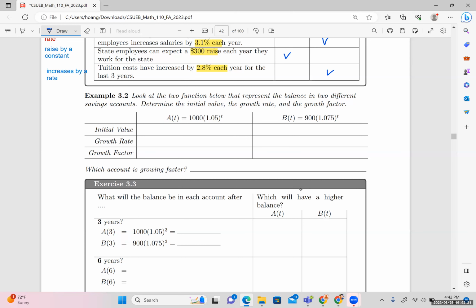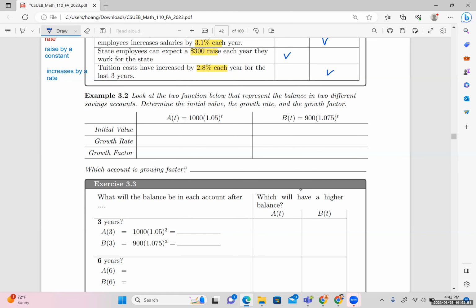Okay, so we look at the two functions below that represent the balance in two different saving accounts. Determine the initial value, the growth rate, and the growth factor. We have A(t) equal to 1000 times 1.05^t, and B(t) equal to 900 times 1.075^t.